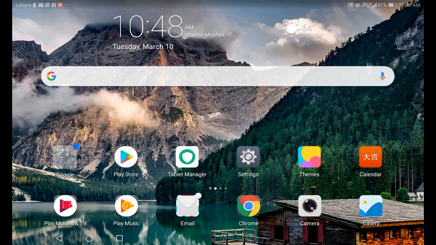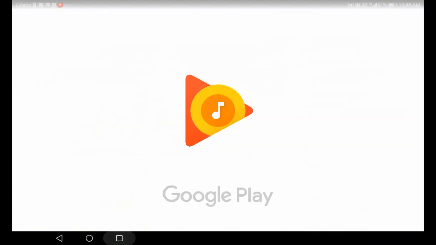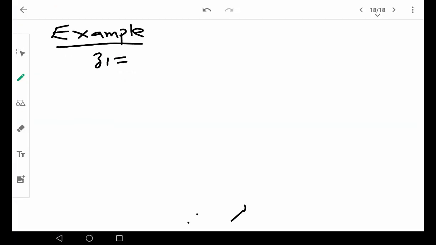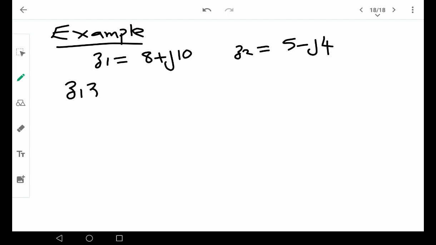Suppose we have another example. In this example, I am given z1 equal to 8 plus j10 and z2 equal to 5 minus j4, to find out z1 z2.